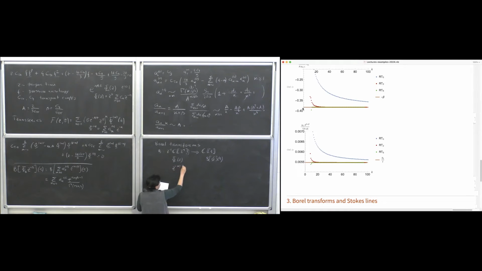The power Z to the minus alpha minus 1 goes to t to the alpha divided by gamma of alpha plus 1.